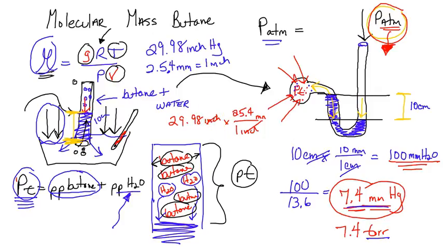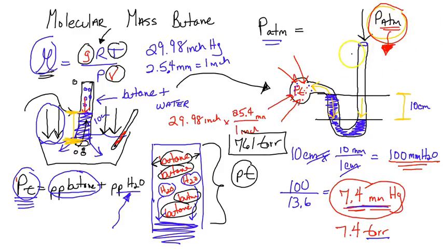So I'm going to do 29.98 times 25.4, and let's just round off, it makes our life easier. This gives 761 millimeters of mercury or torr, and that is what our atmospheric pressure is equal to. That's given to you.